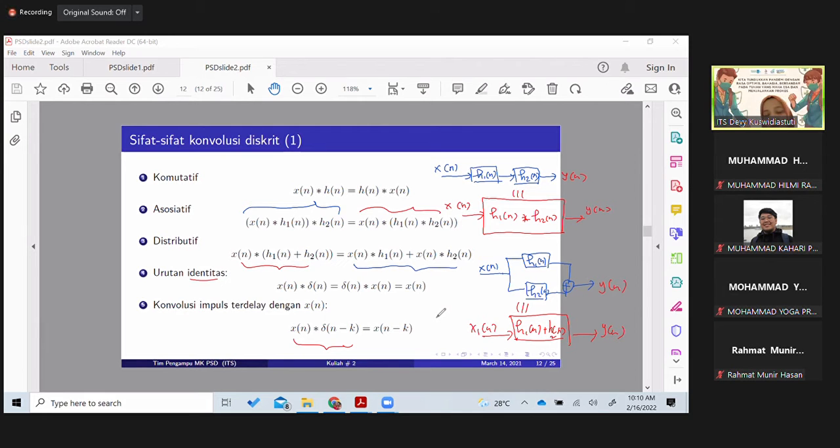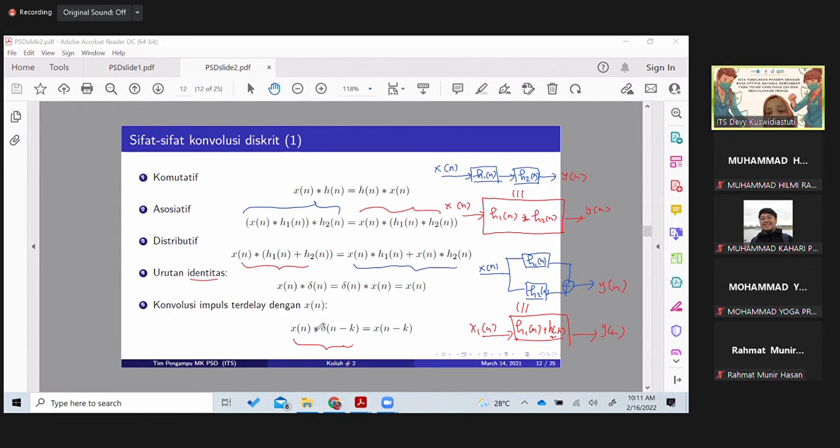So the signal looks like what the signal looked like. It's not changing, it is only shifted.